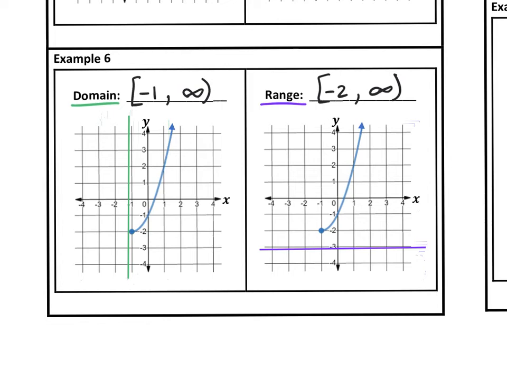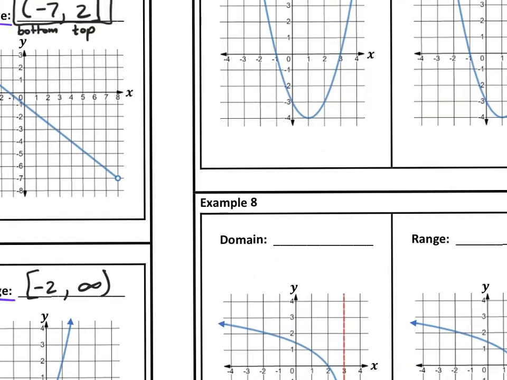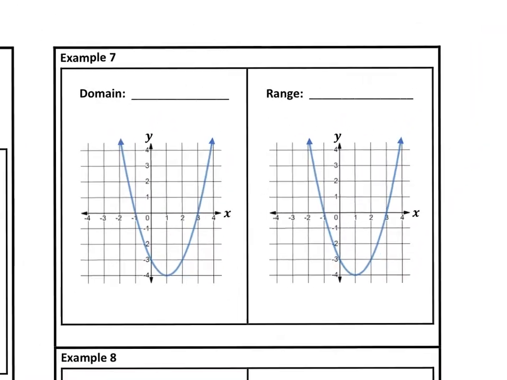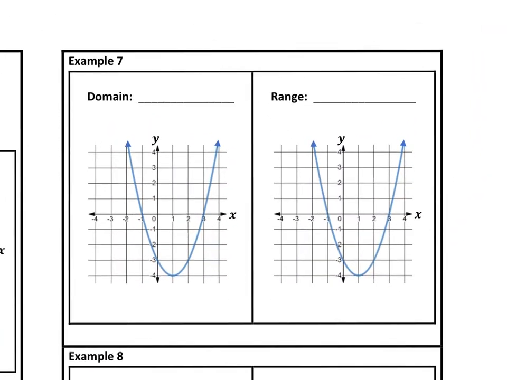Okay. So let me go ahead and delete these. All right, so let's go to example number 7. And I'm going to use, again, green for domain and purple for range.